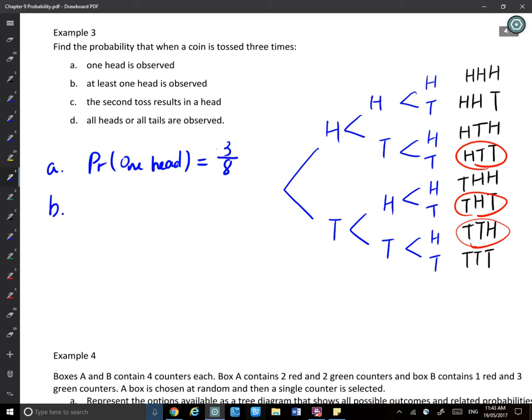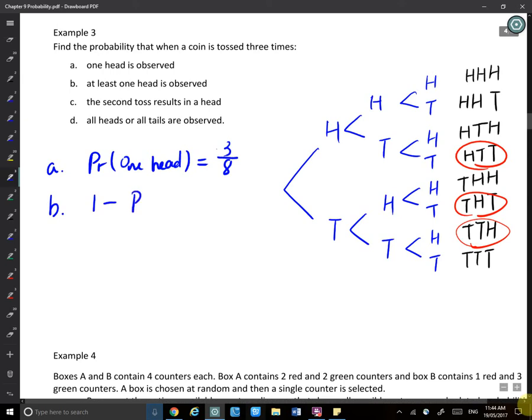B, at least one head is observed. What can you do here? You can observe 1 head, 2 heads, or 3 heads. Which case is not included? 0 heads. So it will be easier to calculate 1 minus the probability of no head observed. That gives me at least 1 head.